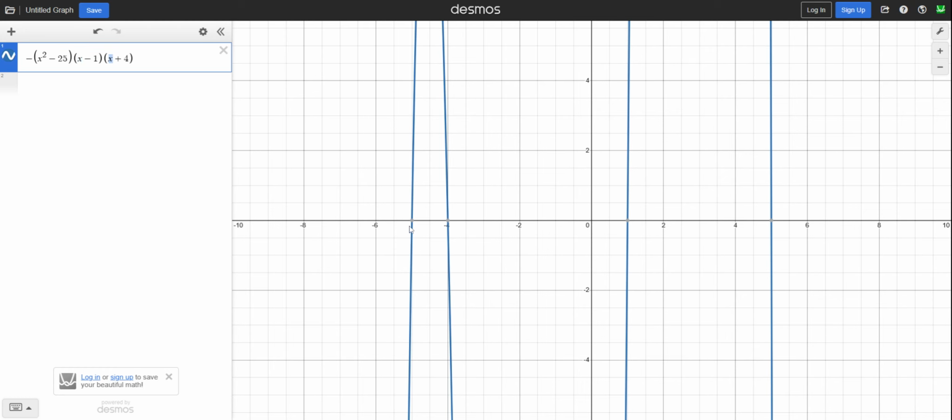So negative A and even. So the end behavior is both open down. All right? And those are our zeros. Gross, just saying.